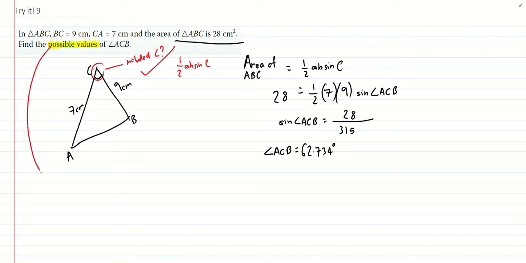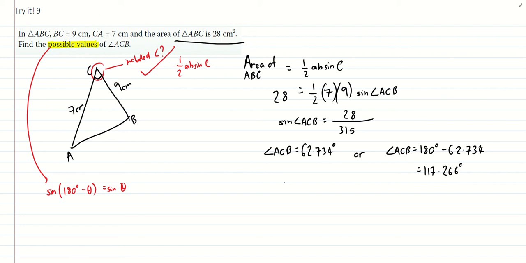It's because we go back to 7.2, we have this following rule of obtuse angle, where we have sine 180 degrees minus theta is equals to sine theta itself. So which means that angle ACB can also be 180 degrees minus 62.734, which will get me 117.266 degrees.